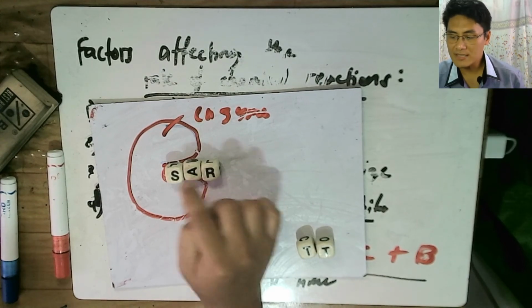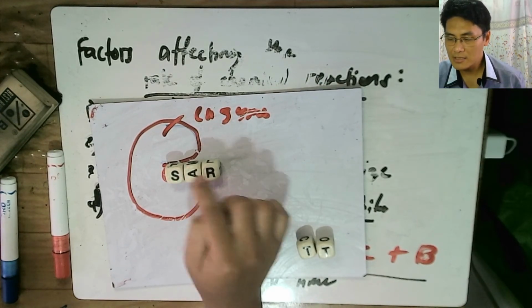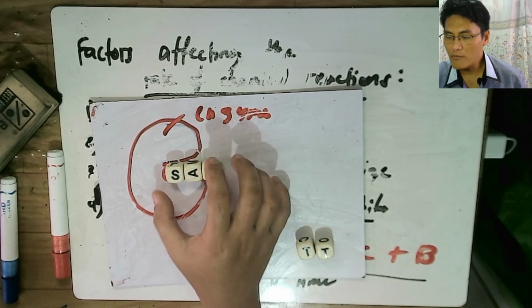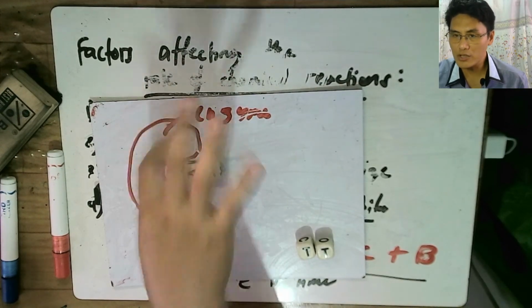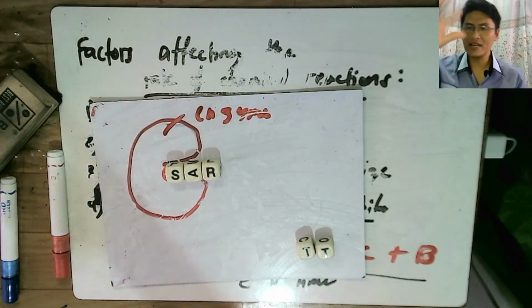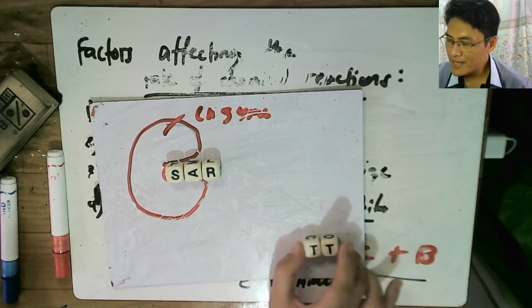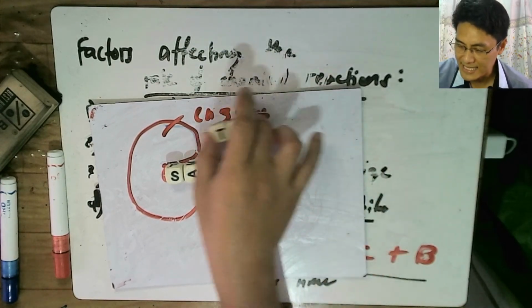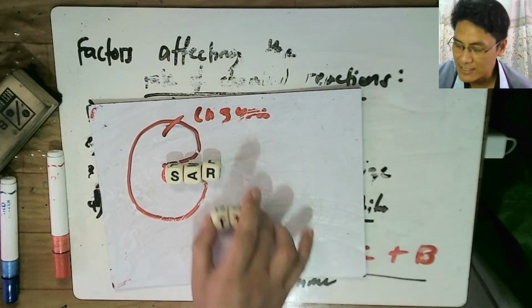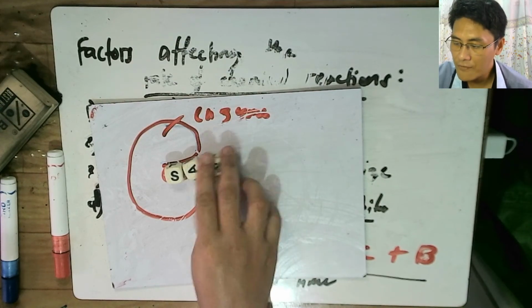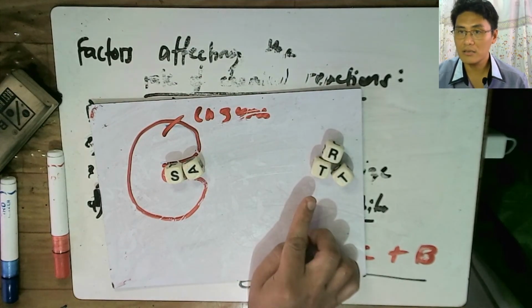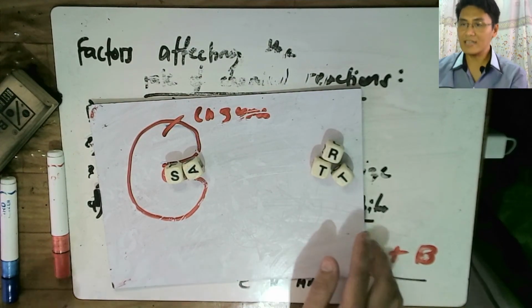Now A is not exposed, S is not exposed, only R is exposed, and moreover, because the enzyme is big, this cannot rotate and this cannot move freely in space. So therefore, this reactant can more easily hit the R and form the new product. So a catalyst could do that.